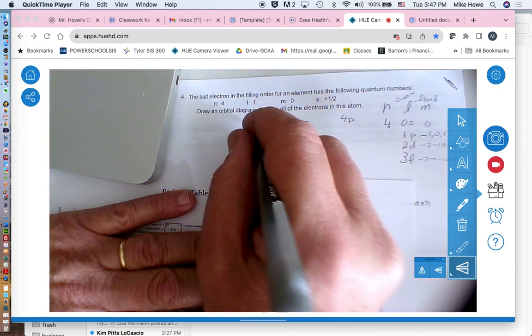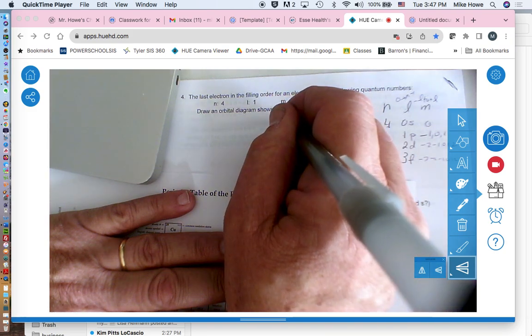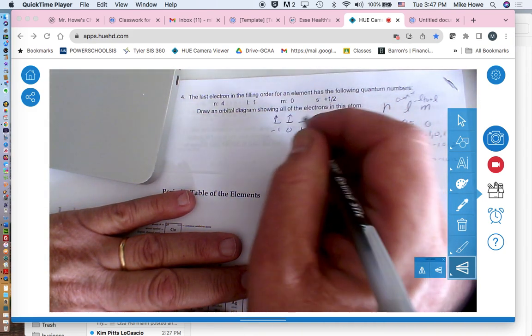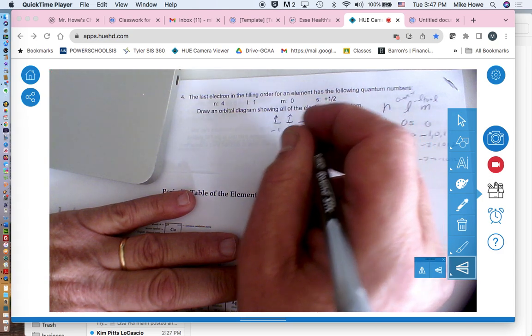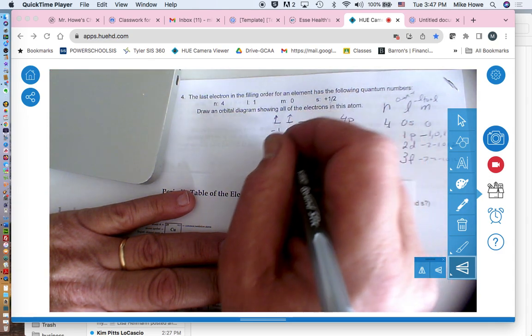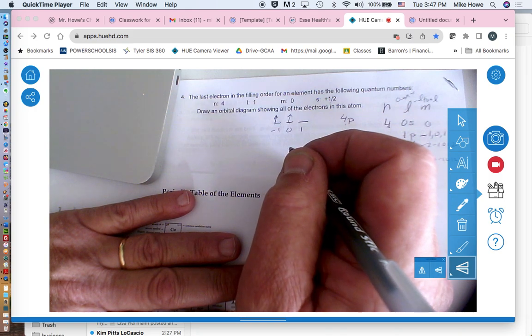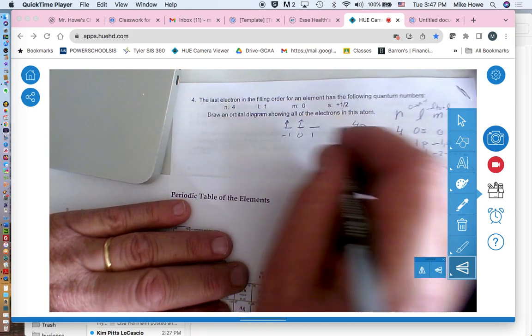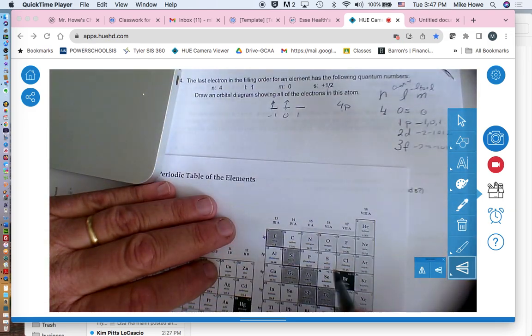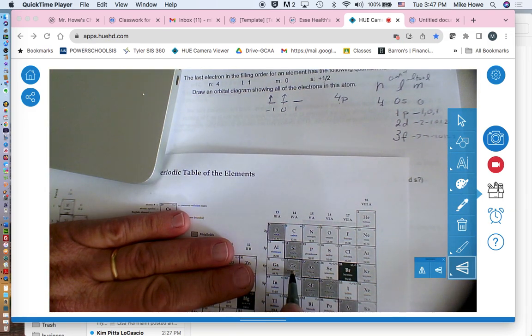So we start putting them into the p sublevel, and we stop right there because that's the first one in clockwise. We move from left to right, and we stop when we hit the positive 1/2 electron. So that would be the 4p2 position. So if you look over here, 4p2 would be germanium.